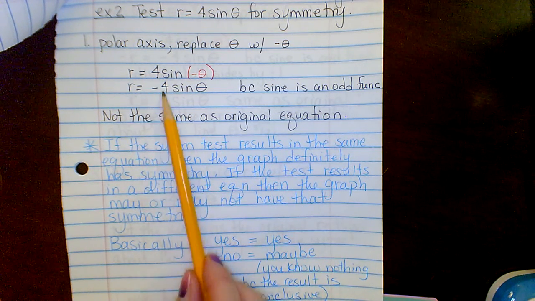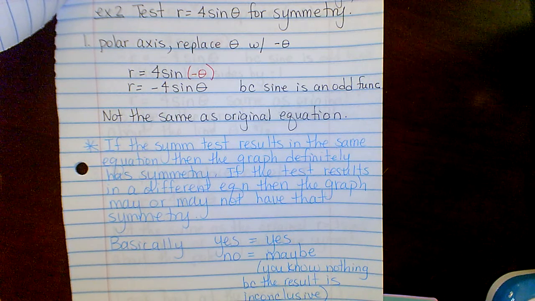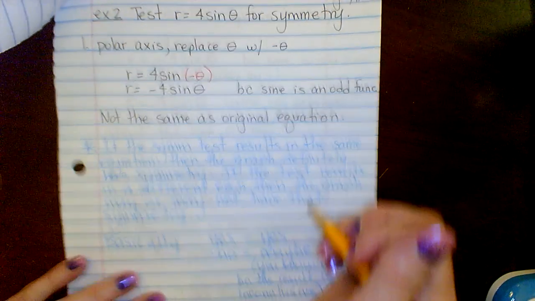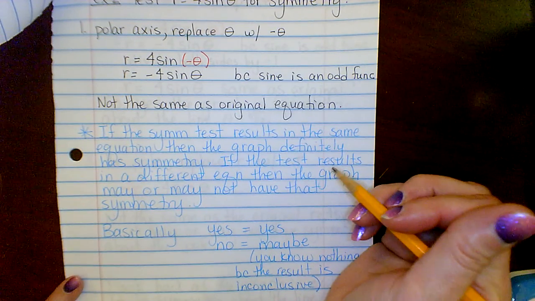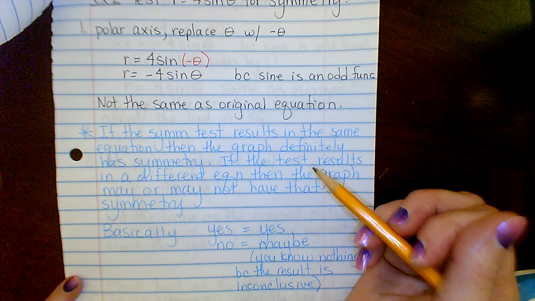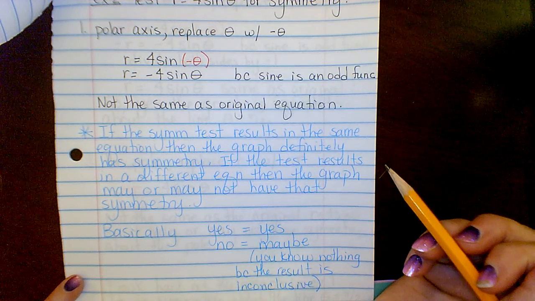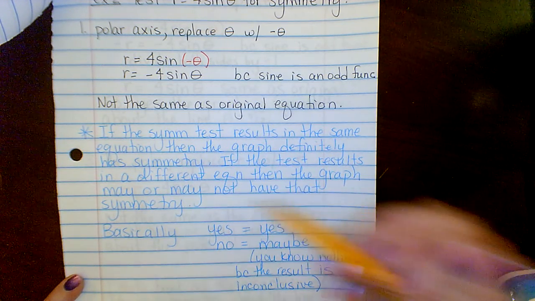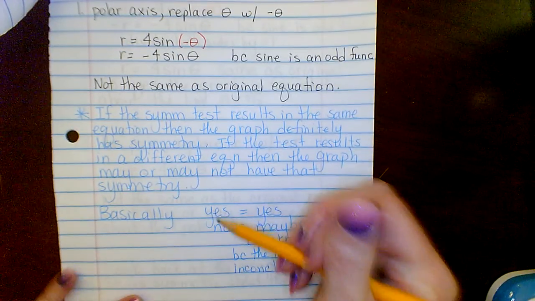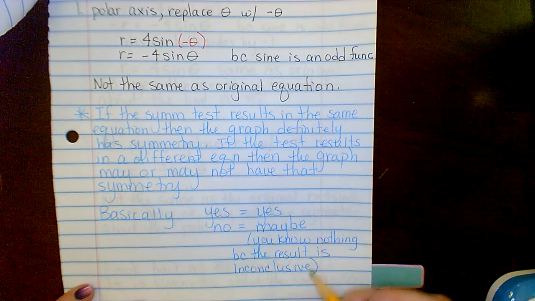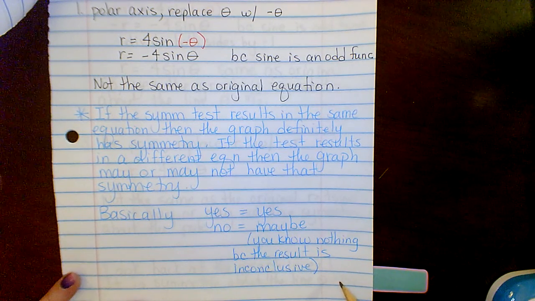If the equations are not the same, then you don't know anything. The test is then inconclusive. So if the test results in a different equation, the graph may or may not have that symmetry. So basically, yes means yes and no means maybe. It means that you know nothing. The test is inconclusive.